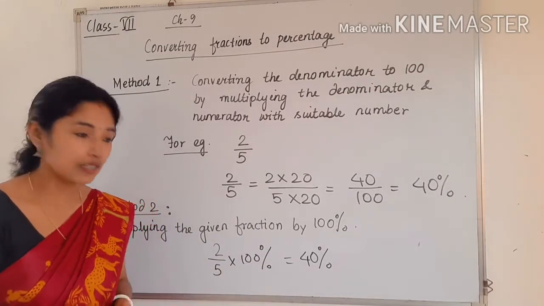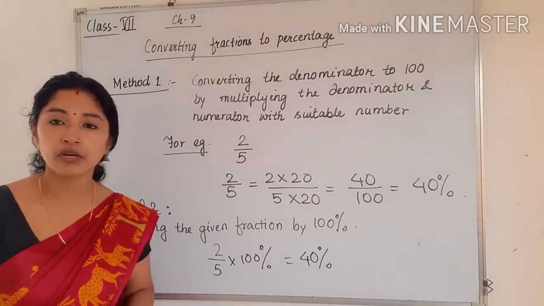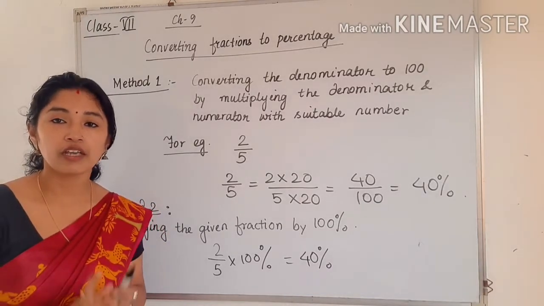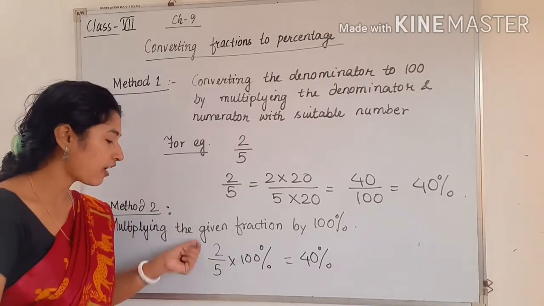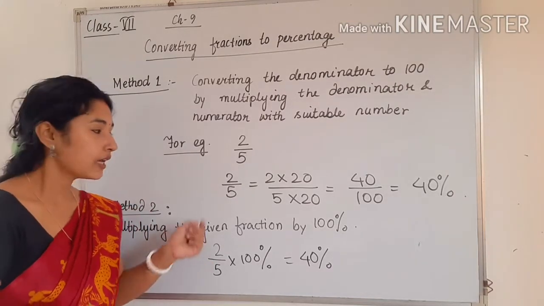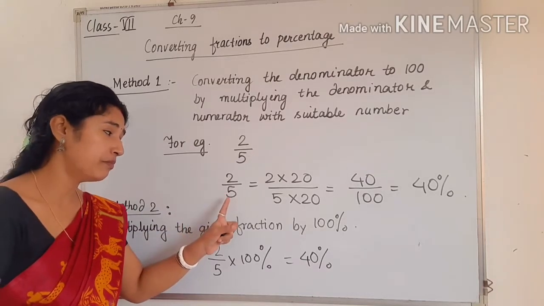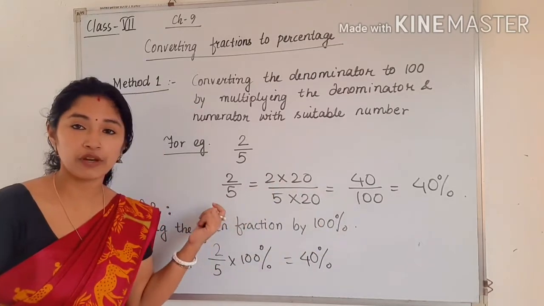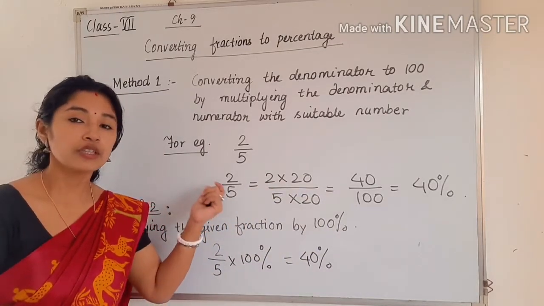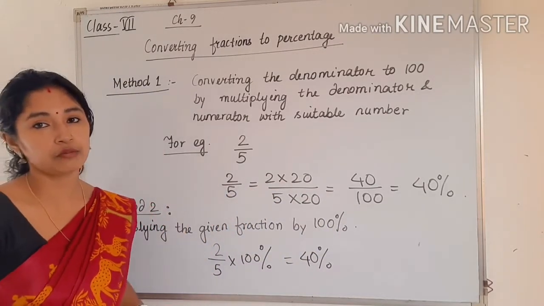In that case we can use method number 2. For example, if our question is 2 by 7 in place of 2 by 5, then I cannot make 7 into 100, because 100 is not a multiple of 7. So in that case we have to use method number 2.